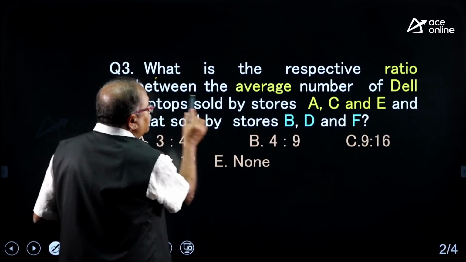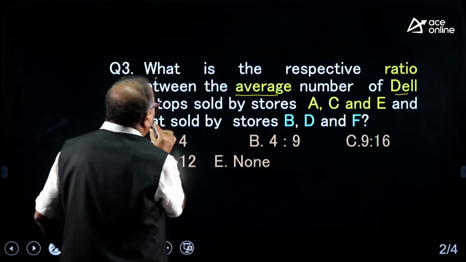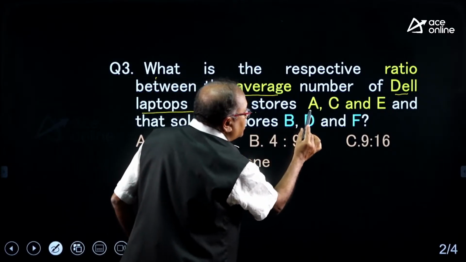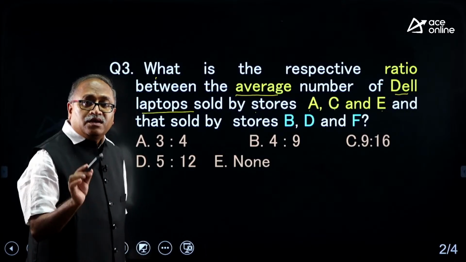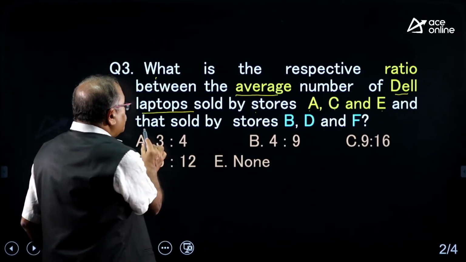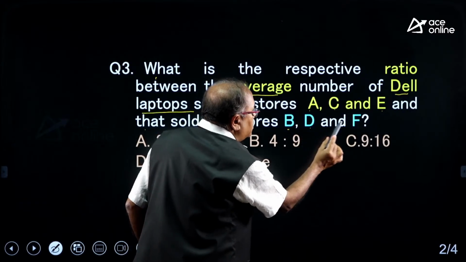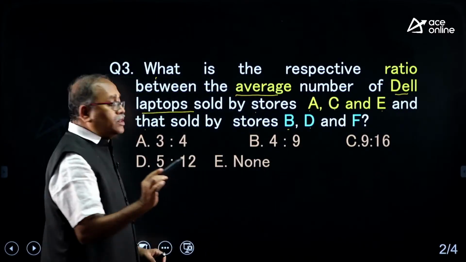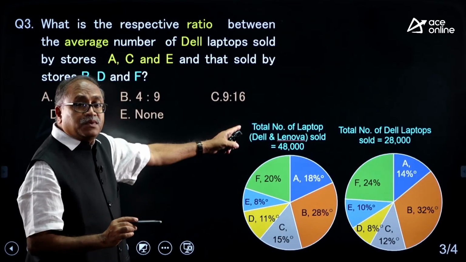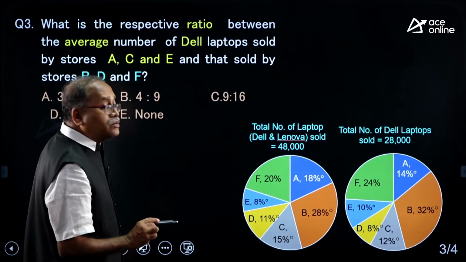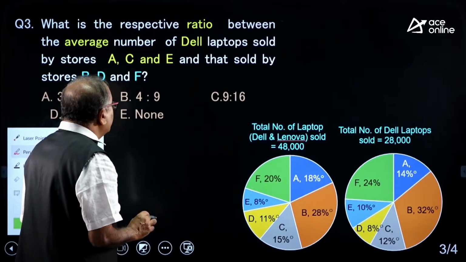Between the average number of Dell laptops sold by A, C and E to that sold by store B, D and F, the same company Dell. So, it is talking about this part. Now, we can answer the question. Try this. I will also answer this along with you.